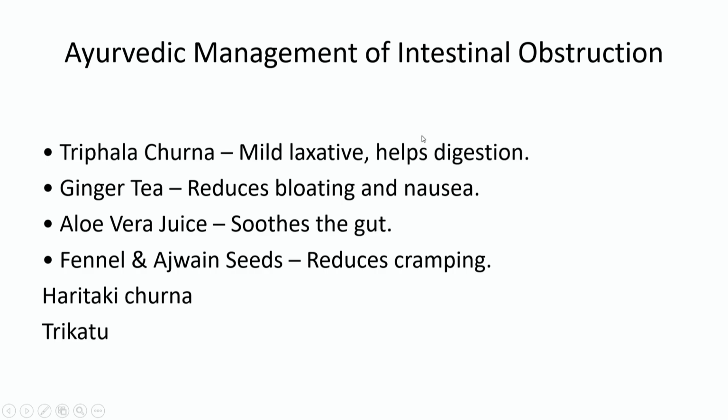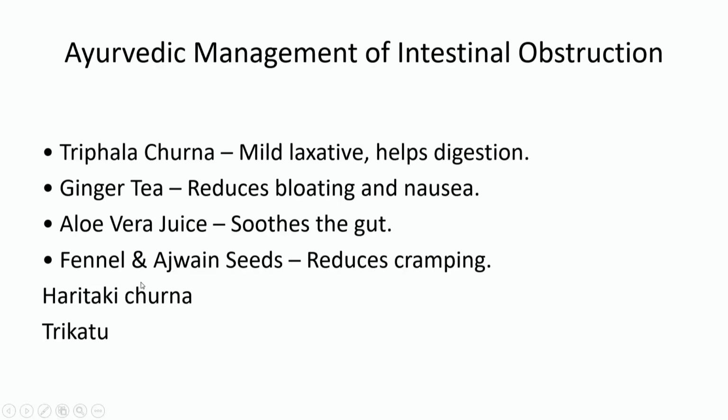But even if the obstruction is there, the patient may be able to pass stool with some difficulty, if it is not 100% obstruction. Suppose there is 60% obstruction, the 40% is there. We are focusing on that 40% part for passage of stool. So for that, digestion is very important.